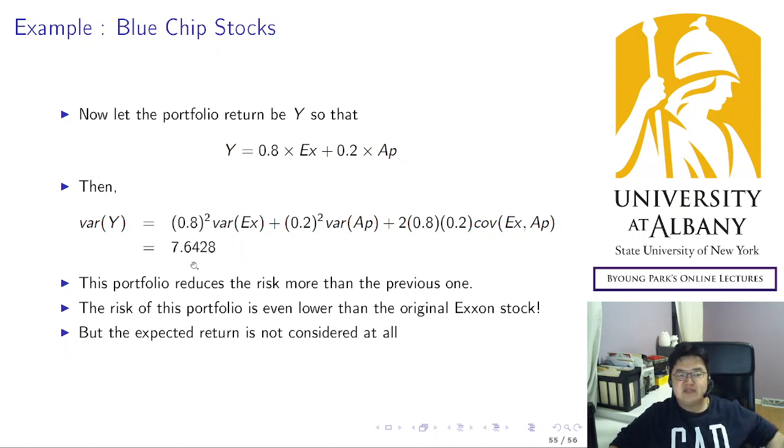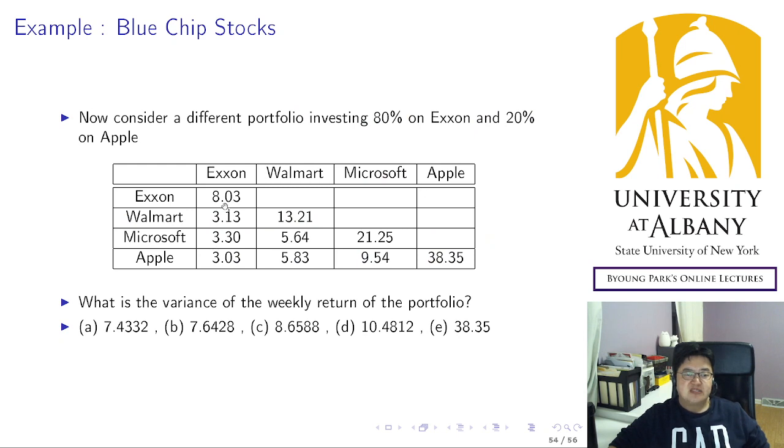And then you have 7.6. What's surprising here is this portfolio has a variance smaller than any possible single asset, right? So you mix two assets, but you made it even better than both of them, right? So this is the power of portfolio management, portfolio theory.